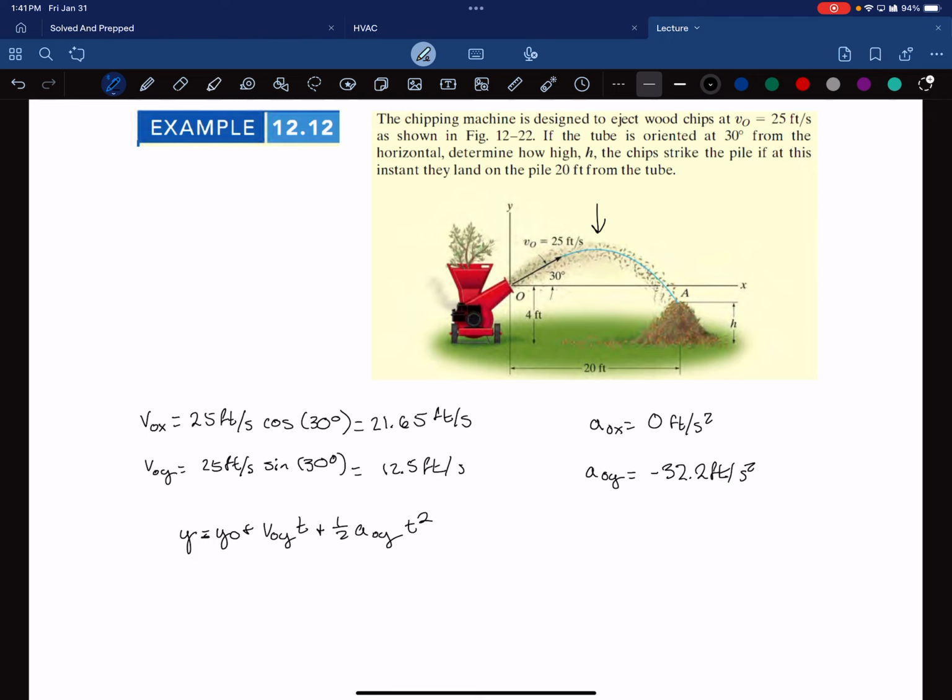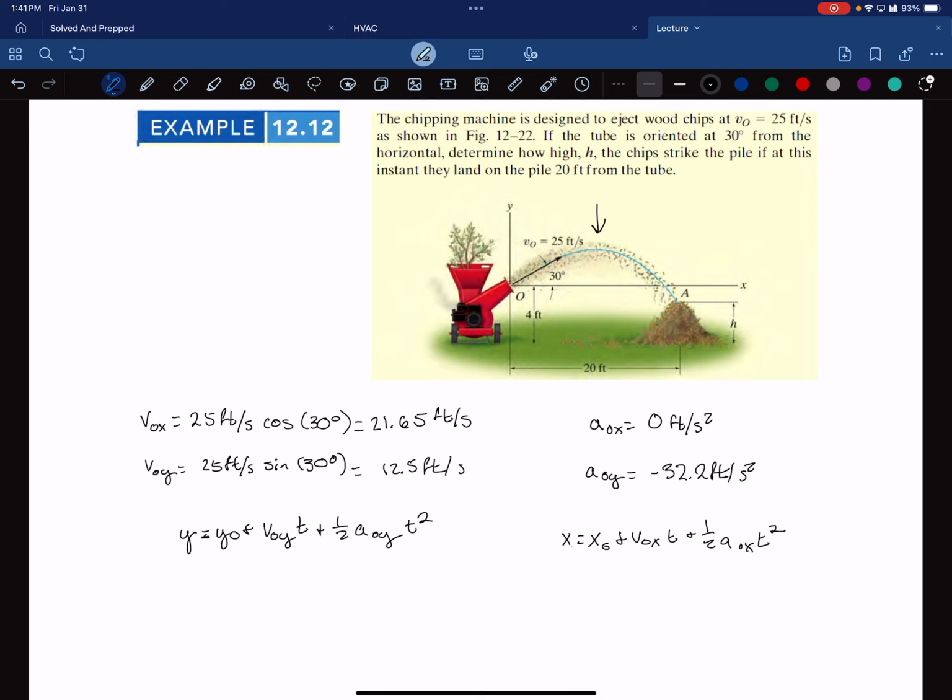So that means we need some other equation that can help us tell what time it takes for the chips to get there. So then I would go look at the x direction. In the x direction, we have x is equal to x naught plus v naught t plus 1/2 a t squared.